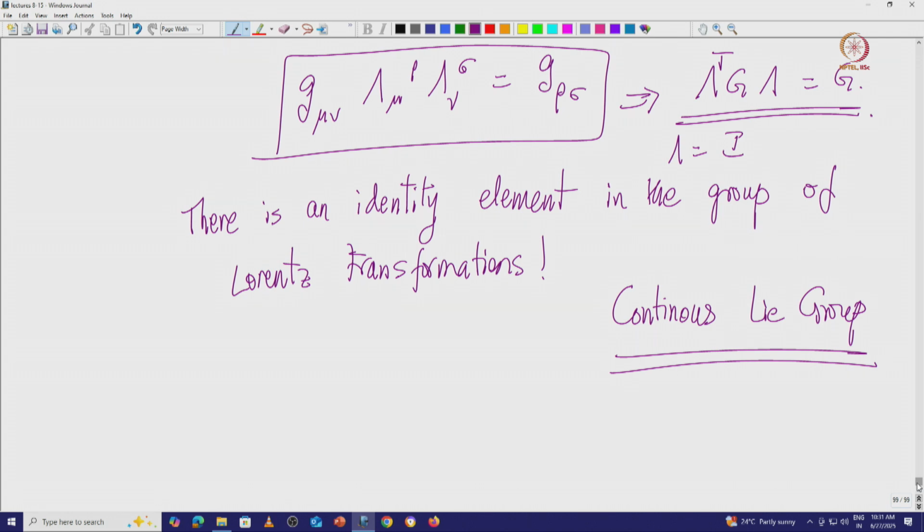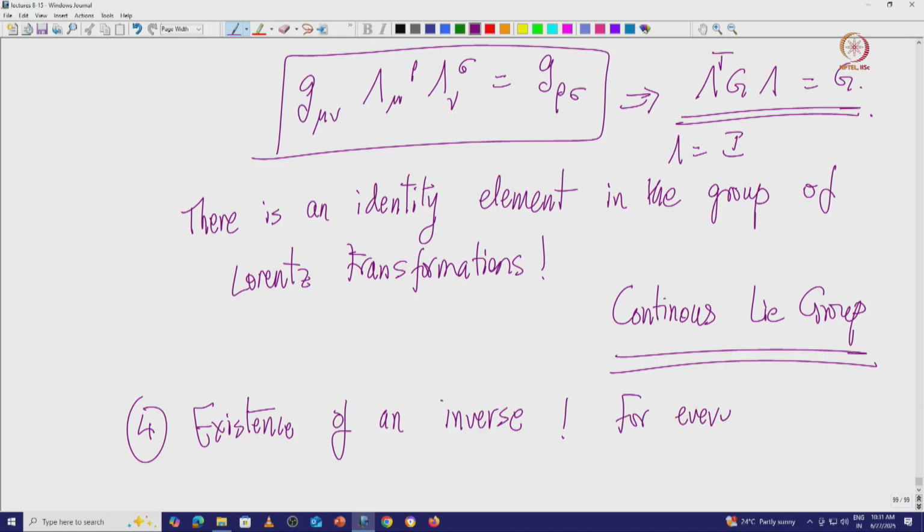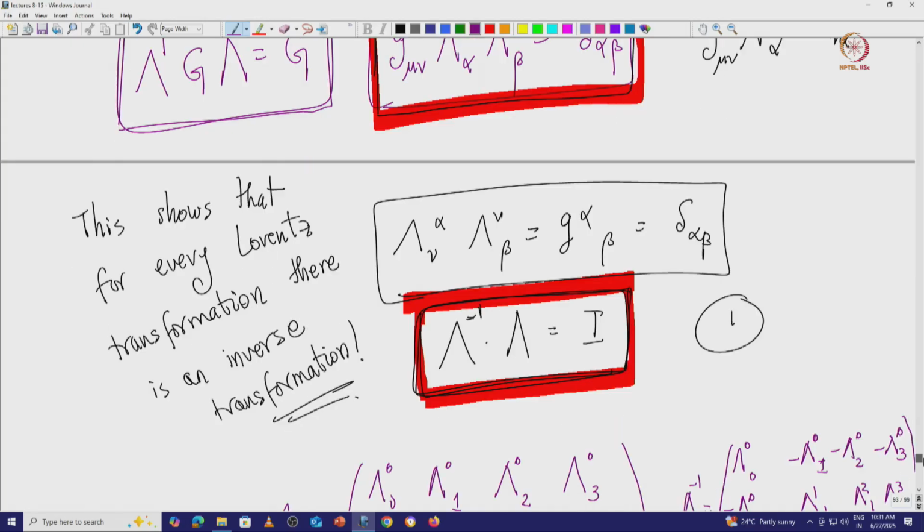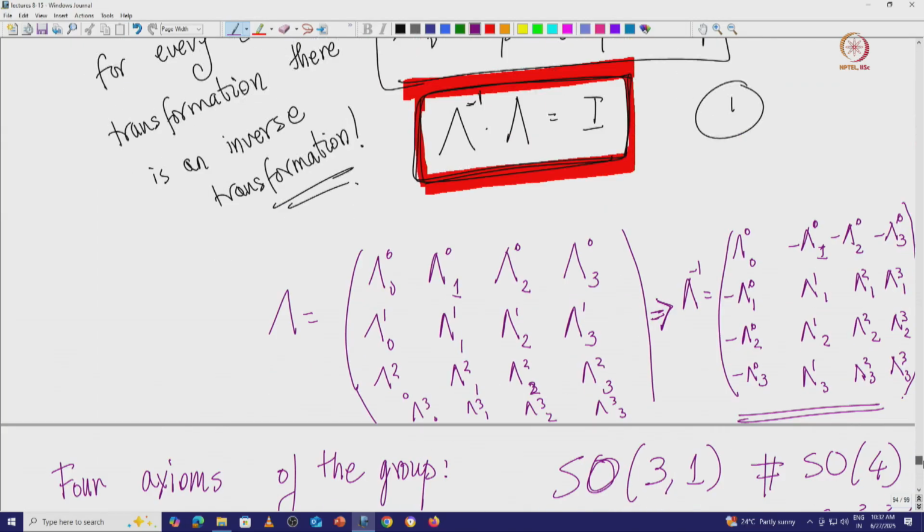Now, we already showed the existence of an inverse. So what we said is that for every Lorentz transformation, we have shown here that there exists an inverse.